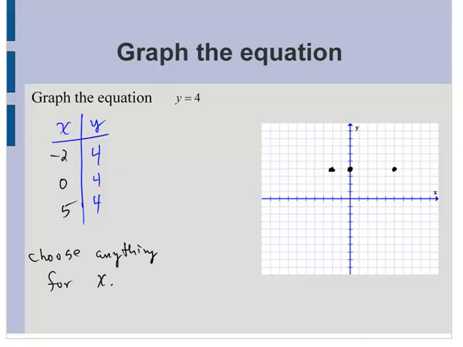Those points are all on the same horizontal line. Drawing the line through the points, this is the line y equals 4. On all of those points, the y value is 4. All of the points on the line have a y value of 4.